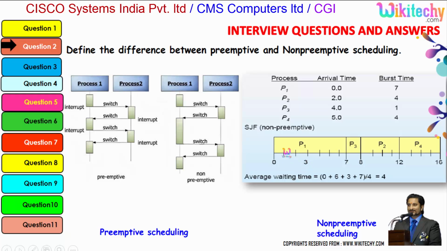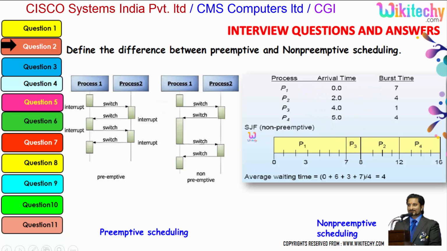Whereas non-preemptive scheduling is like, once a process comes, until it finishes, the next process won't start. You can see it here. P1 is there with arrival time 0 and execution time 7. Until 7 seconds, considering these are seconds, the next process is not coming.